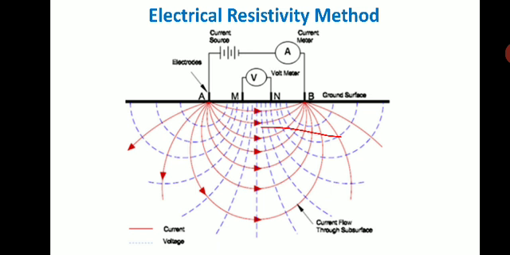This is recorded at the ground surface, and by proper interpretation of these resistivity data obtained from the field, and comparing with the standard available results, with the help of that graph it is possible to identify the water bearing formations, and accordingly you can limit the depth of the well which you are going to drill in that particular area. So this test is usually performed to know the availability of water in a particular area.